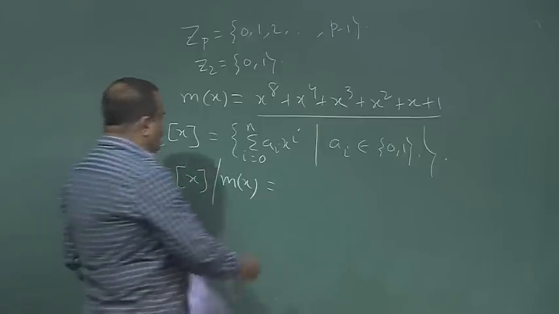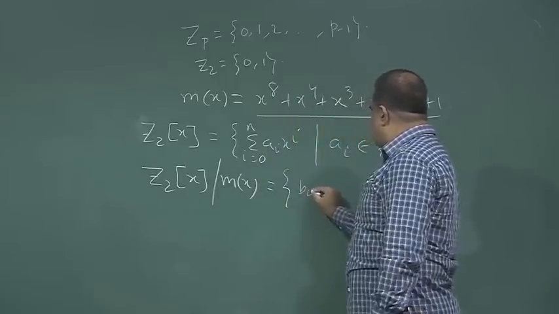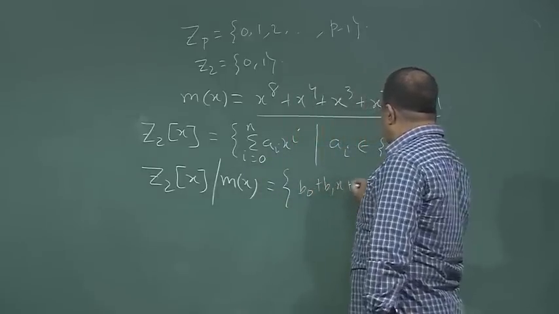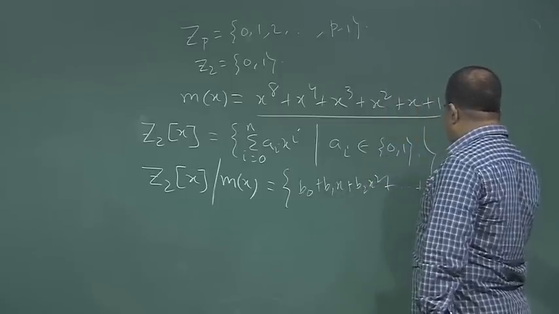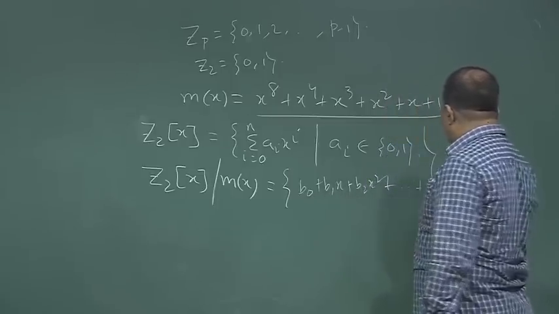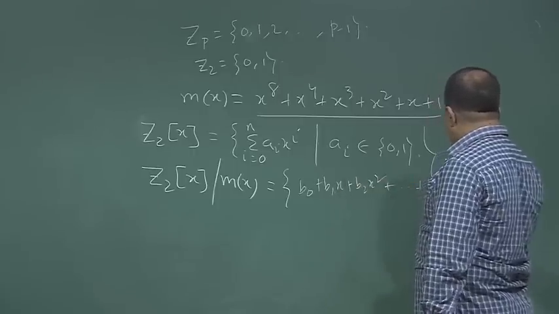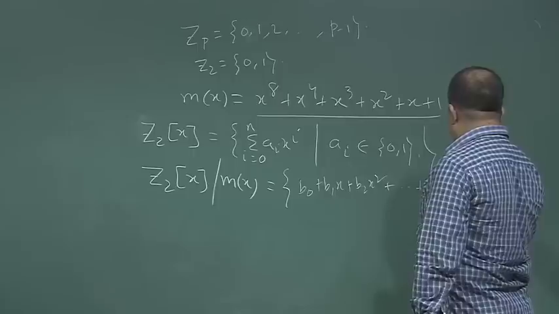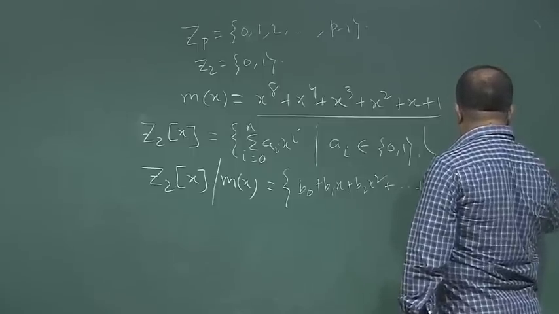So, this will be the set of all polynomials of the form b0 plus b1x plus b2x squared, up to b7 x to the power 7, where the bi's come from 0 and 1.